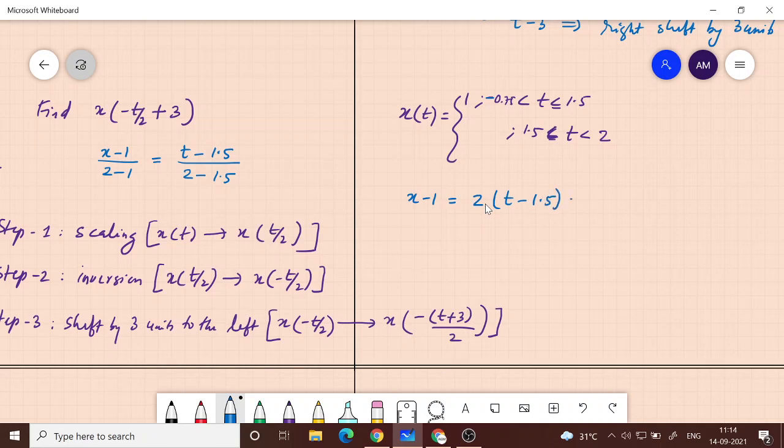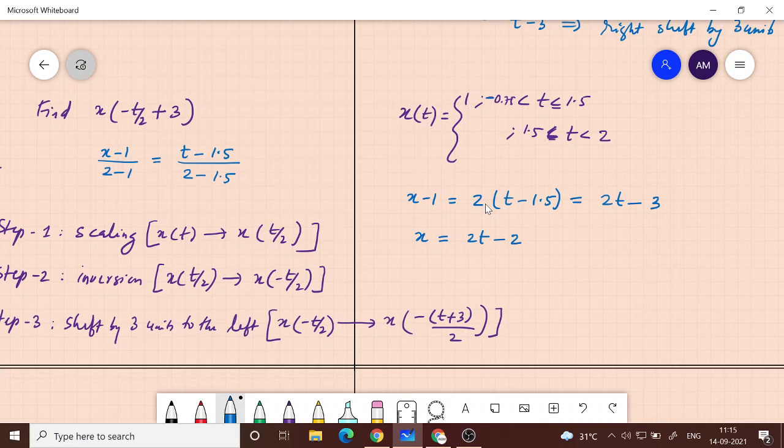If you expand this, then it is 2t minus 3 by 2 into 2, so that is 3. Therefore x is equal to 2t minus 3, and if you take the minus 1 to the other side, it becomes plus 1, so minus 3 plus 1 is minus 2.